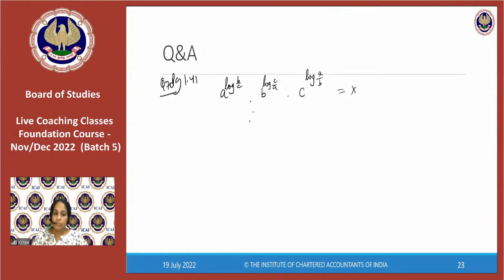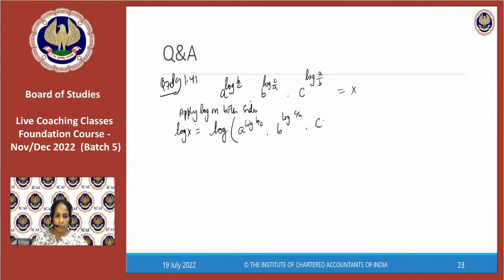Okay, so I'll apply log on both sides. So now I have log x to be equal to log of this entire term, a raised to power log b by c into b raised to power log c by a into c raised to power log a by b. Okay, so this becomes log m into n.